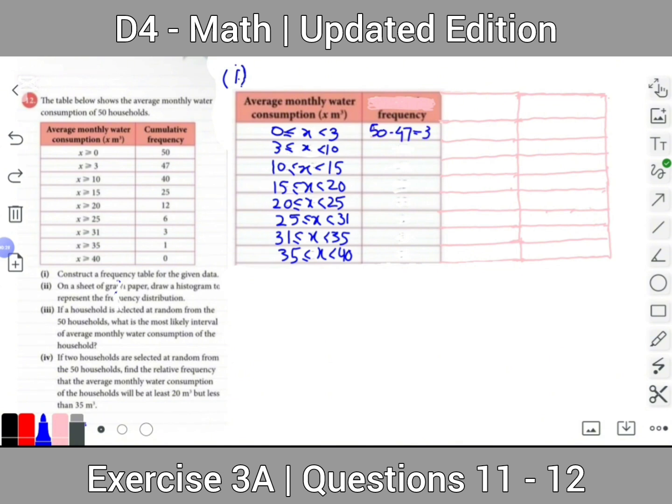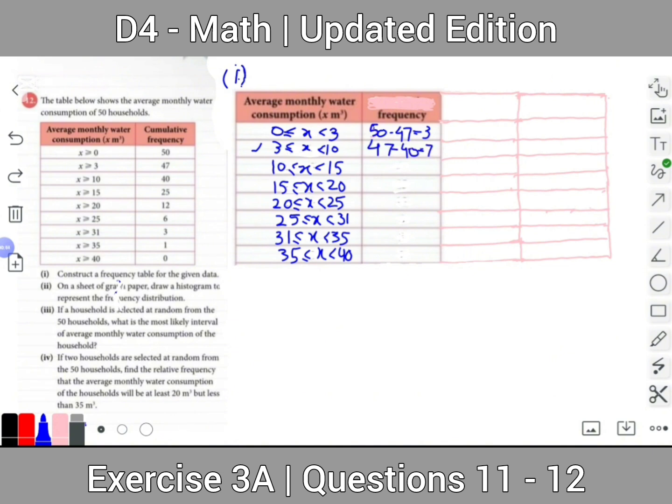To find the frequency of the class interval 3 to 10, subtract the cumulative frequency of the next class interval 10 to 15 from that of the current class interval 3 to 10. So 47 minus 40 will give the frequency of 7.